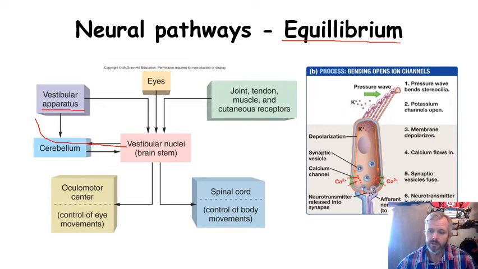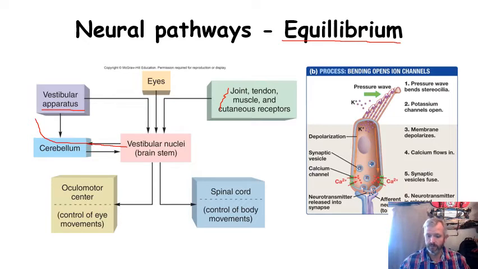All right, but there are multiple components for this equilibrium. You have information from your eyes, because when you're spinning, you're looking at objects to see where you're at in the world. Also, you're getting information from cutaneous receptors. When I'm spinning, I can feel the pressure on my skin.